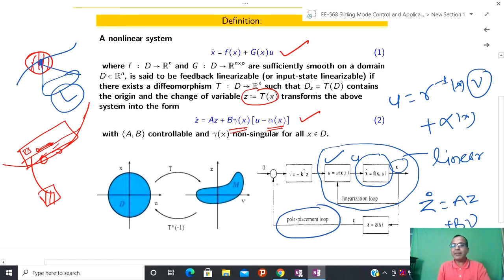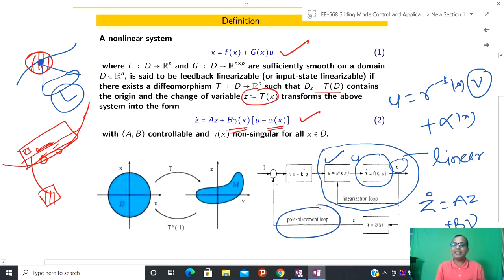And after that, I am assuming that after linearization also, whatever origin there is is going to lie inside this region only. It means that if x equal to 0 is an equilibrium point, then z is 0 there. That is the meaning. If x bar is here, then z bar is also inside that particular region only. So just by doing some kind of transformation, I am going to create a coordinate frame where the system looks like a linear system, but my system is still nonlinear only.